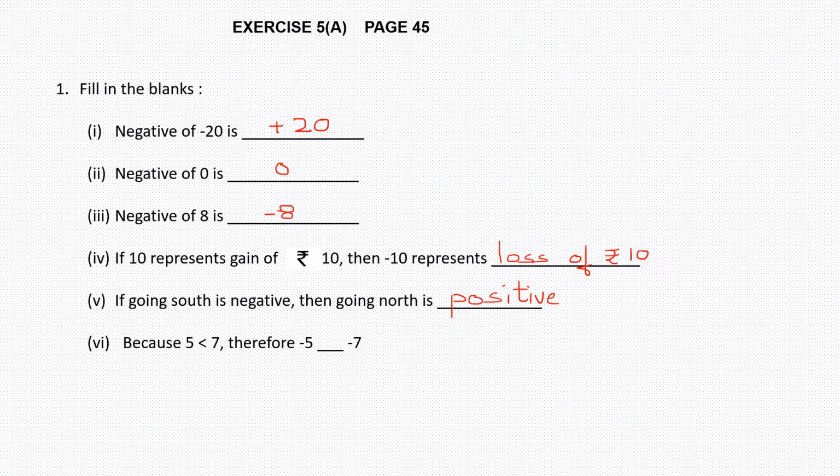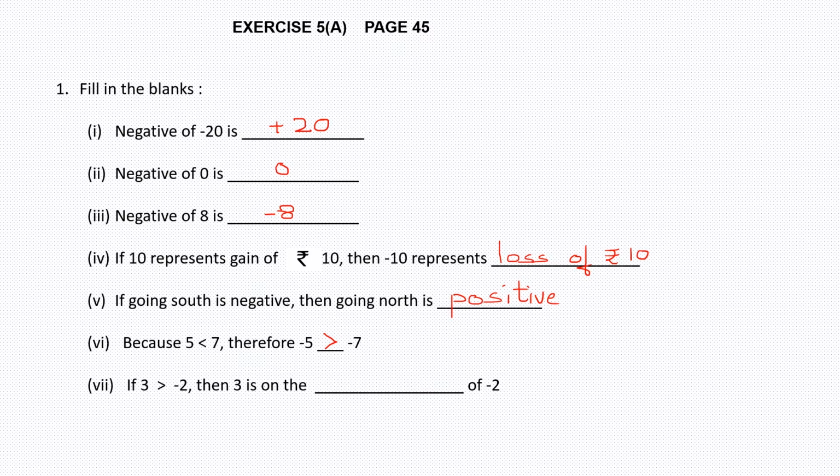Because 5 is smaller than 7, therefore minus 5 will be greater than minus 7. If 3 is greater than minus 2, then 3 is on which side of minus 2? As we know in the number line, the positive numbers, the greater numbers, are all on the right hand side.